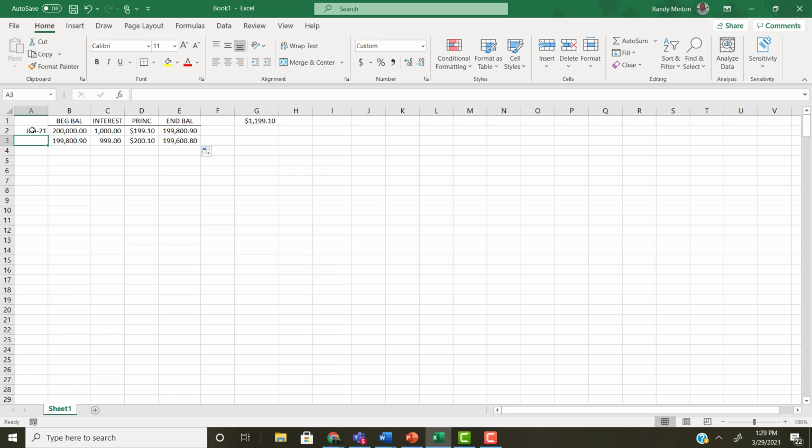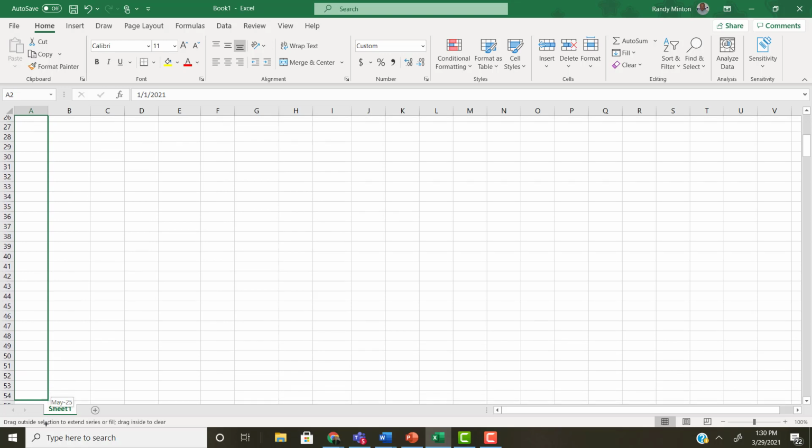Now, Excel is happy to take this number right here and assume that the next in the series is going to be February. So if I come down here and just make this fat cross a skinny cross, and point at this little square down here in the bottom right, and then just start dragging down.